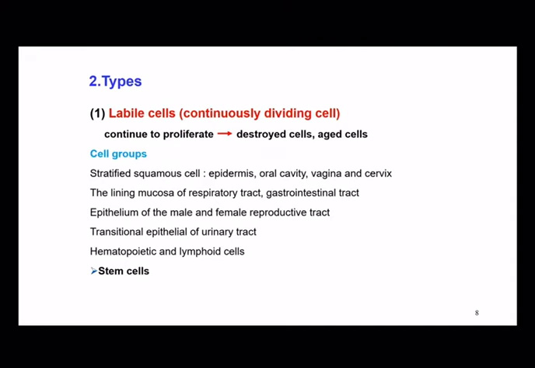Cell groups are stratified squamous cells, such as epithelium located in epidermis, oral cavity, vagina, and cervix. The lining mucosa of respiratory tract, gastrointestinal tract, the epithelium in the male and female reproductive tract, and so on. This type of cells retains continuous renewing ability because stem cells in the tissue have ability to differentiate into corresponding mature cells.